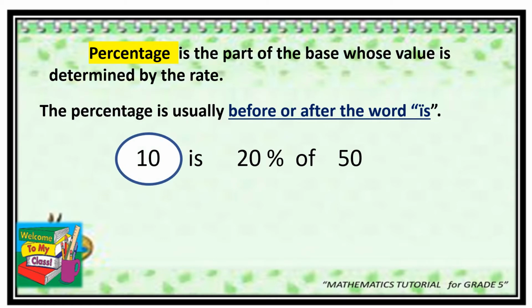Okay, very good. So, 10 is the percentage. Dahil sabi diyan, before or after the word is. So, ang 10 ay nasa unahan ng is. Before the word is. Ano yung 20%? So, 20% is the rate. 50 is the base.